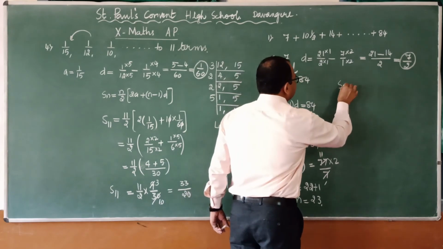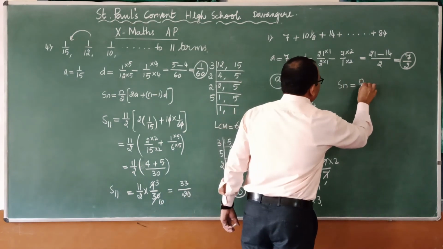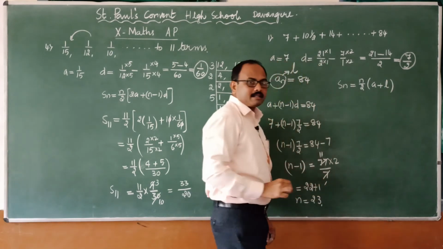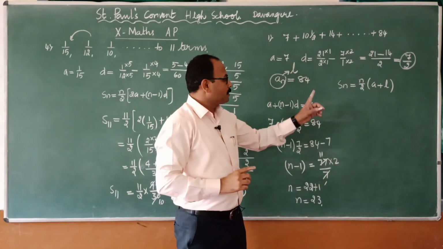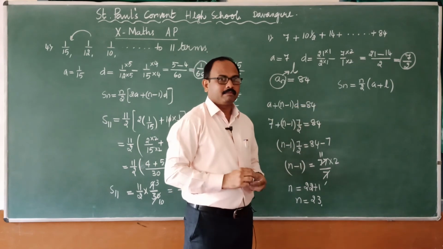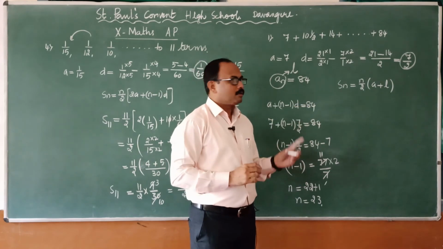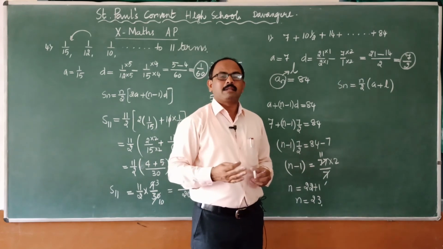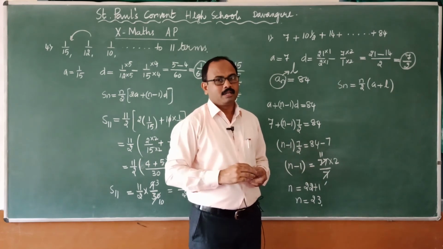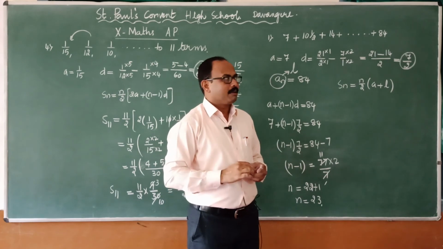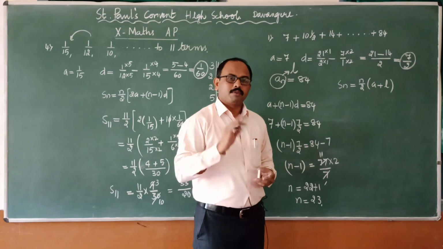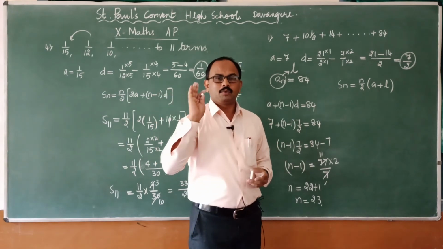Sn formula: n by 2 into a plus l, because the last term is given, therefore this formula can be taken. Can we not use the first formula? You can use it, children, you will get the same answer. The only difference is when the last term is given, directly you can use this, or if you wish to use the first formula, you will get the same answer.